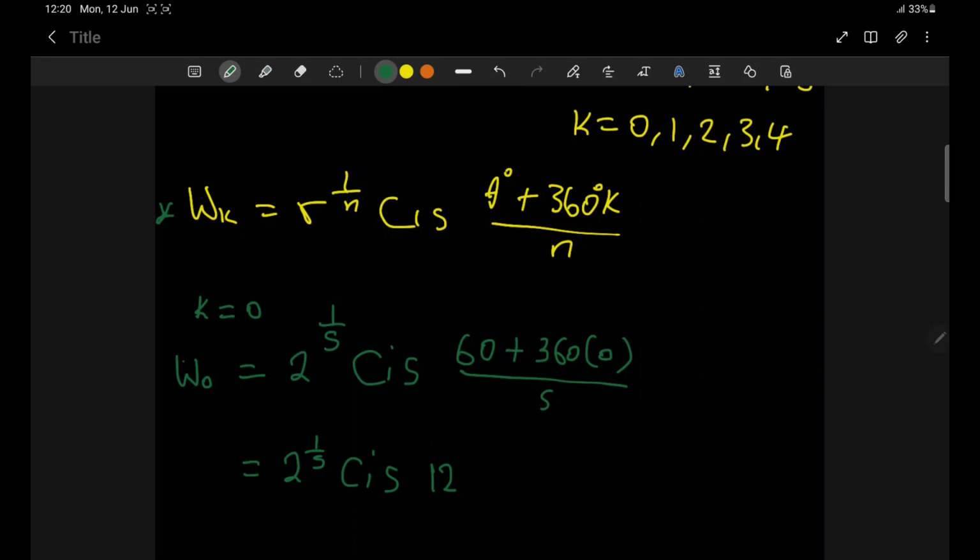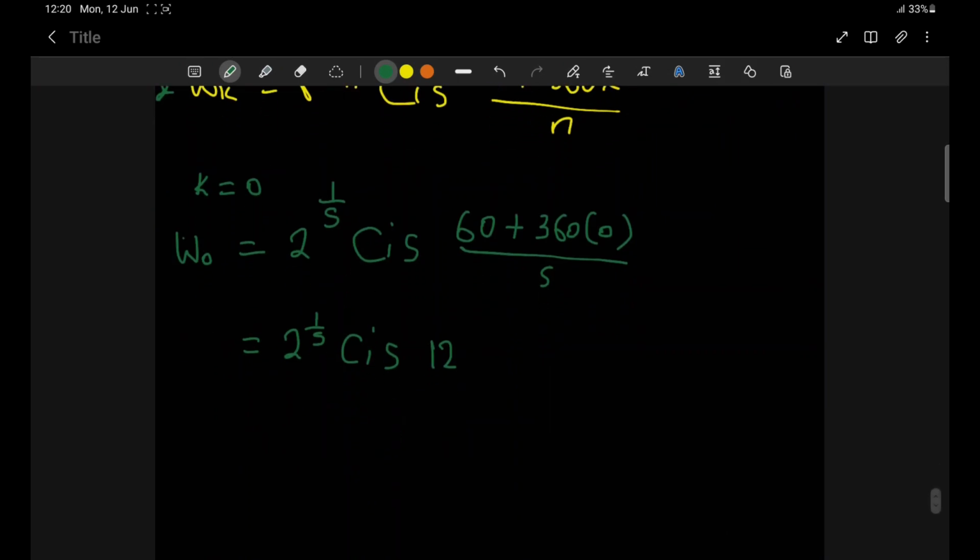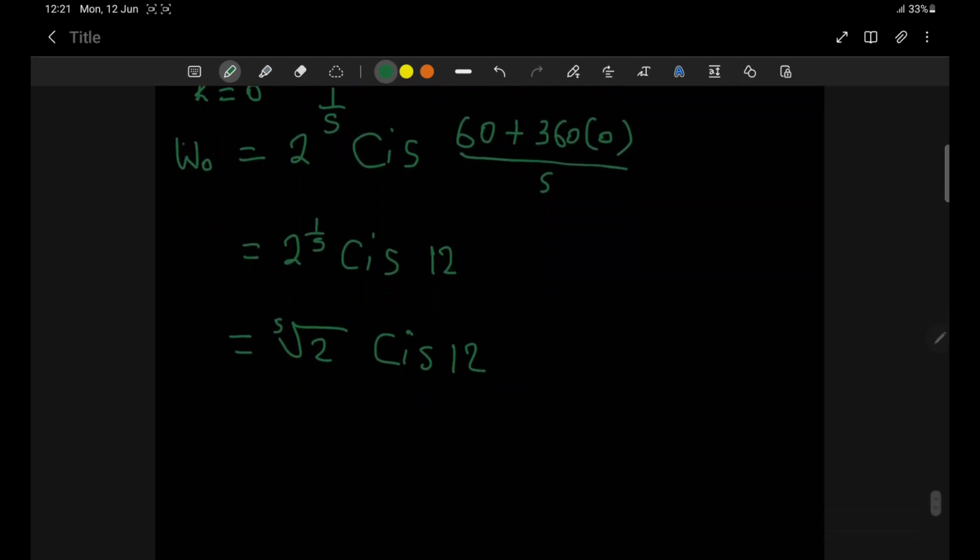Then now we can simplify it by writing the fifth root of 2, then cis of 12. Yeah, so this is the first root we found.